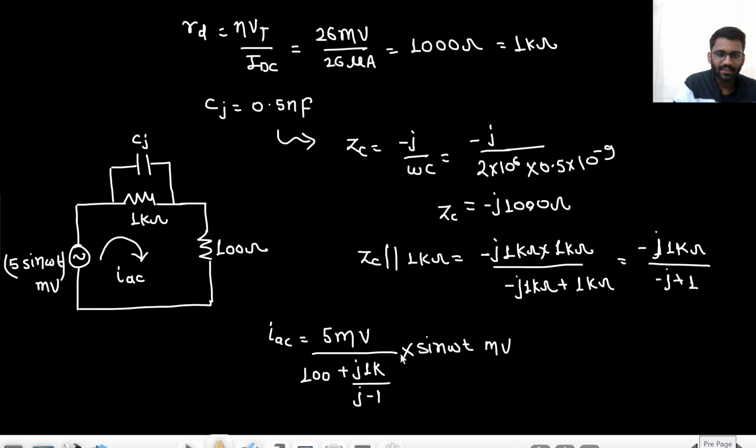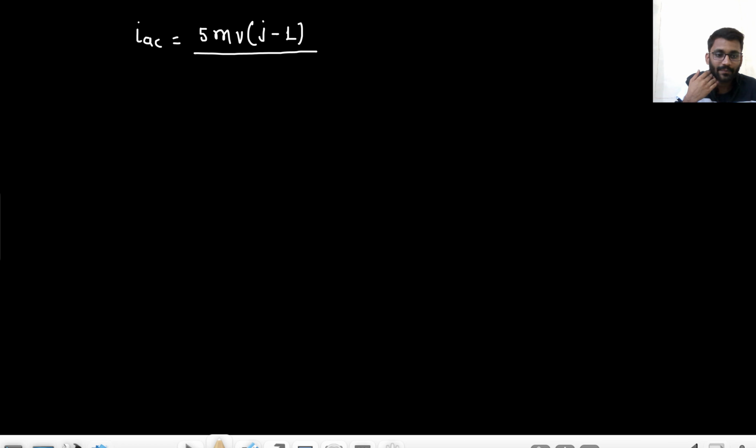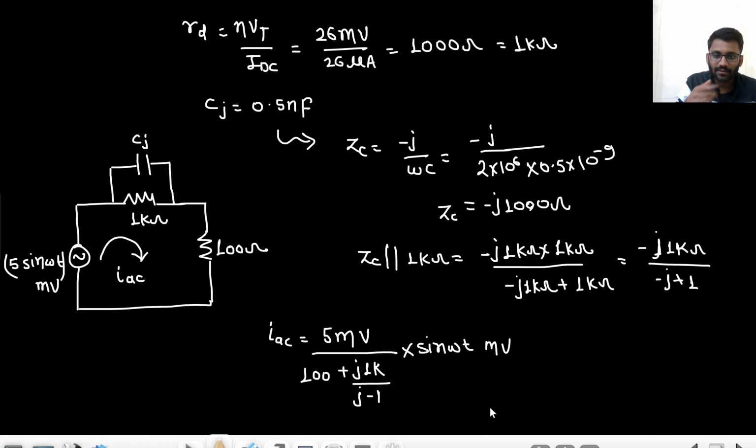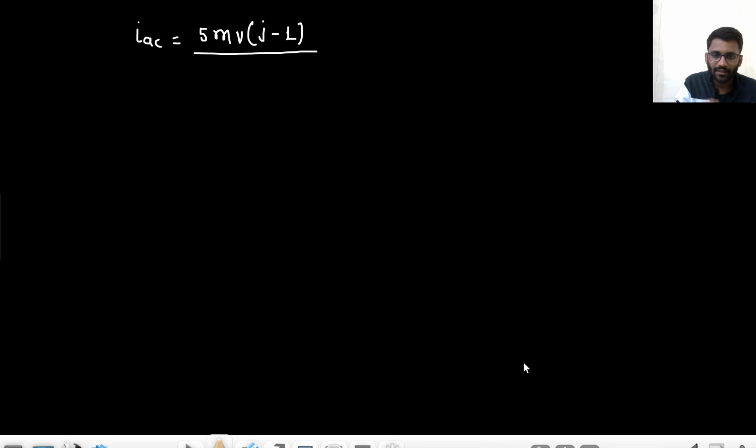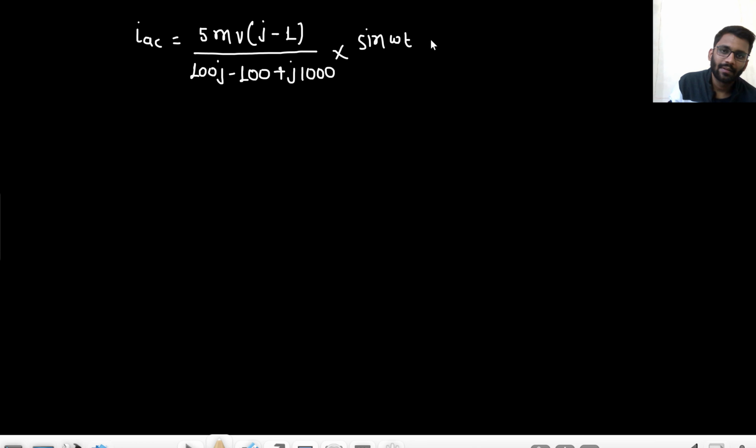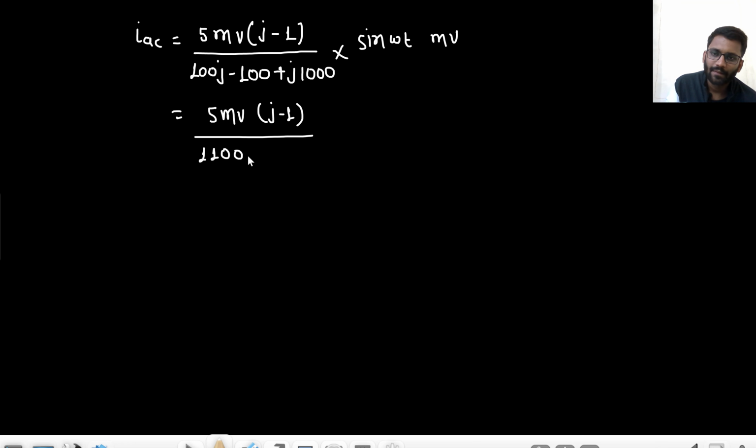220 volt RMS. Yeah, so this j minus 1 is going upward, and this 100j 1, it will come 100j minus 100 plus j 1000 into sine omega t millivolt. Okay, so it will be 5 millivolt into j minus 1 upon 1100j minus 100 into sine omega t.